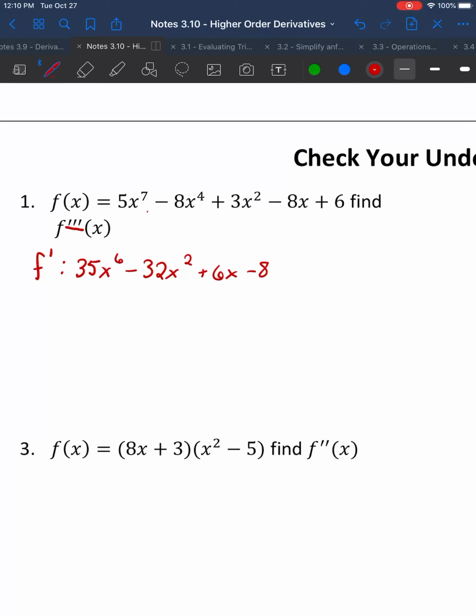Okay, now the application of this is, I didn't want the first derivative, I want the third. Well, to get to the third, I have to take the first, then I take the second derivative. So now I'm going to take the derivative of the answer I got for the first derivative. Oh, that should have been cubed, sorry.